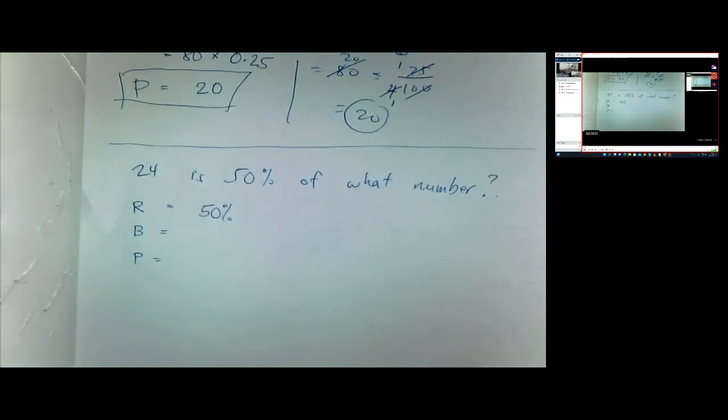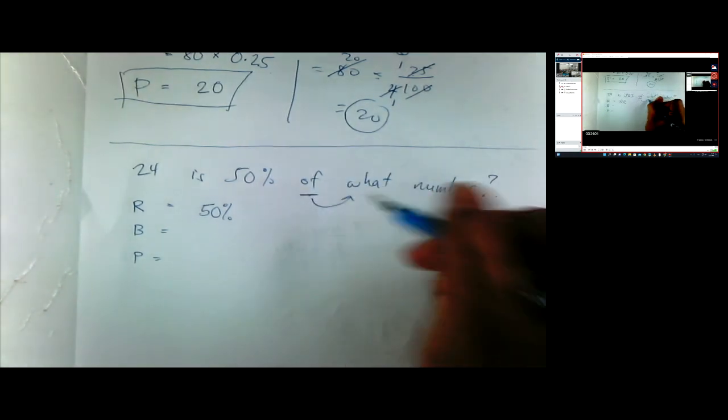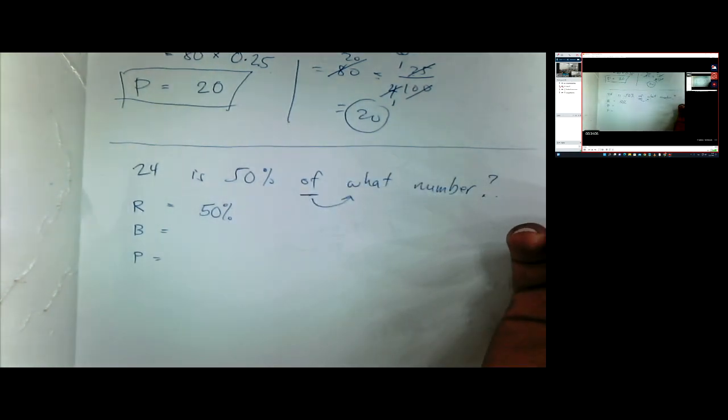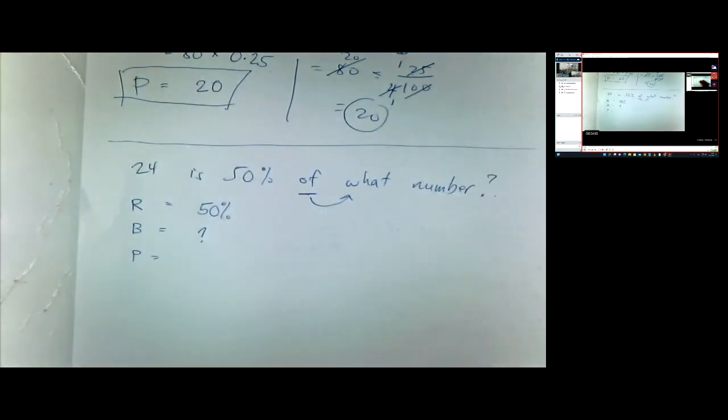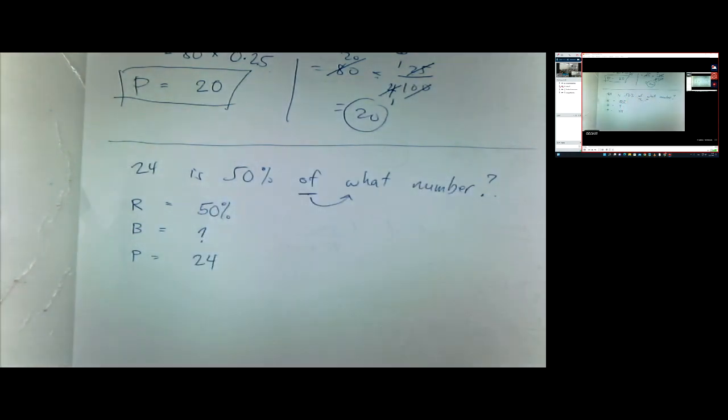The base is after the word "of." What is the base? After the word "of" is the base. We don't have it. And what is the percentage? 24. Again, identify the rate and then the base before the percentage, so you will know exactly what value is missing.